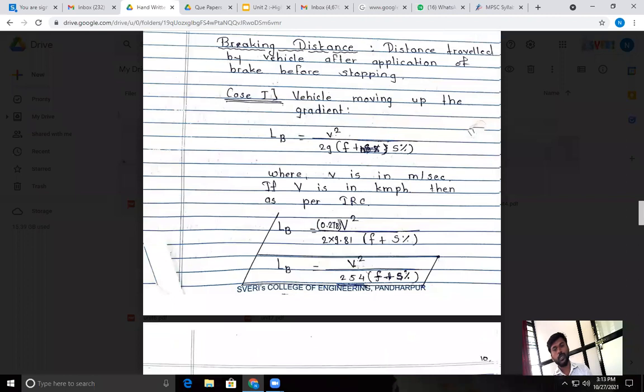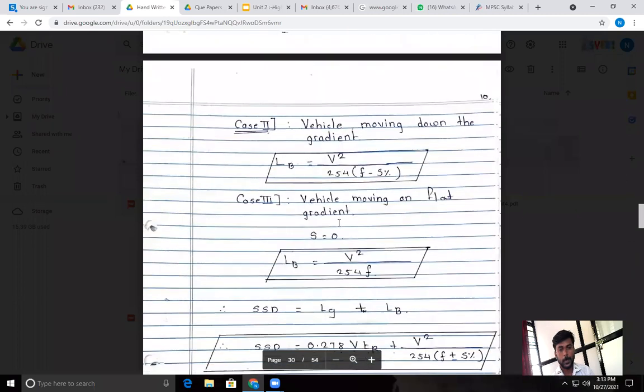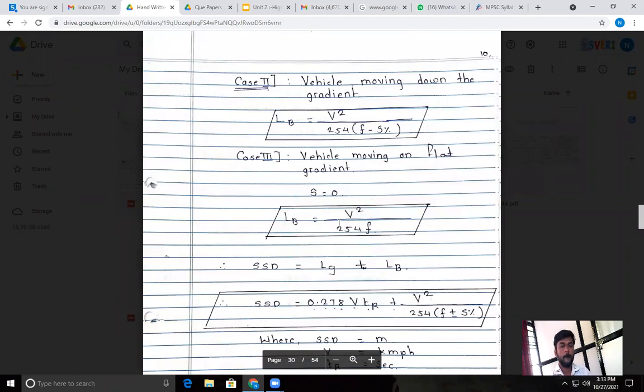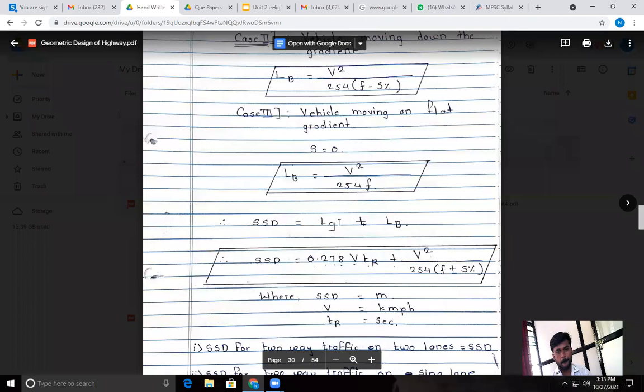After that, write down the formula for braking distance. The formula for braking distance is V square upon 254 into bracket f plus or minus S or N. In the last lecture, we have taken it as N. Write it as N or S, whatever you want, in percentage.